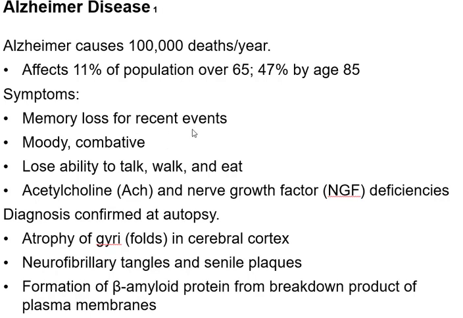So they're going to have memory loss for recent events. Like I said, they may not remember what they had for lunch. They oftentimes become moody and combative, so they're a little bit frustrated at not being able to remember stuff. They lose the ability to talk, to walk, and to eat. And then eventually they end up dying, of course.